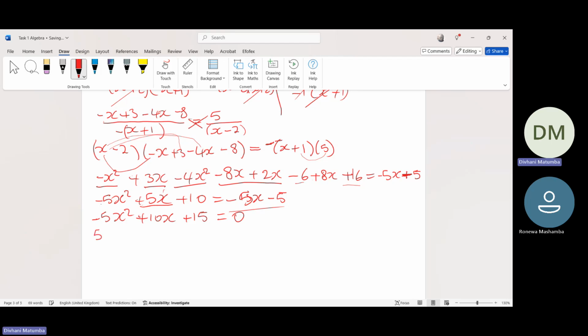Okay, 5 into, why don't you take minus 5? You're going to be left with x squared. Then what are you going to be left with?